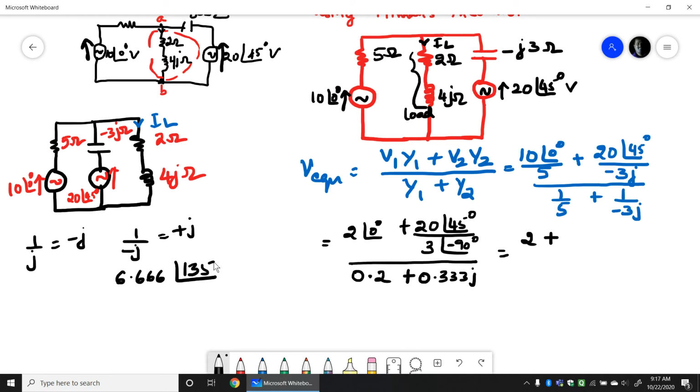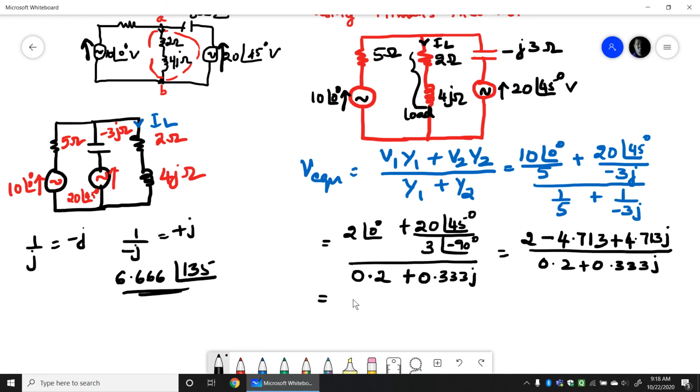Now if I convert this into rectangular, shift rectangular of 6.666 comma 135, I'll be getting 2 minus 4.713 plus 4.713 j, this thing divided by 0.2 plus 0.333 j.